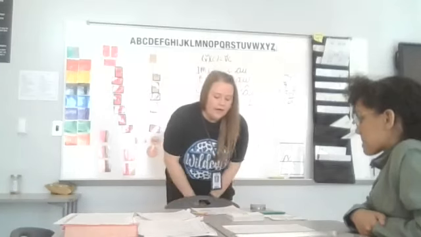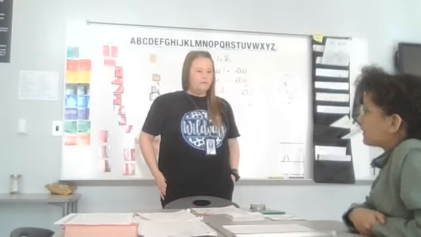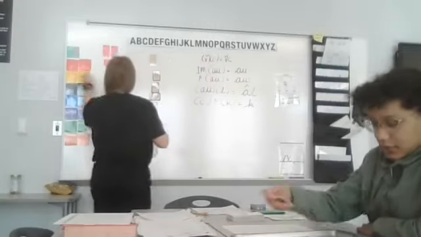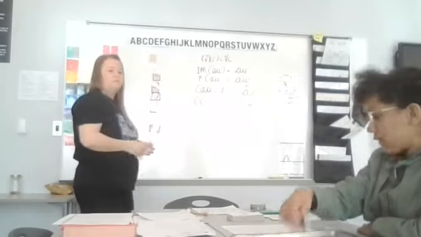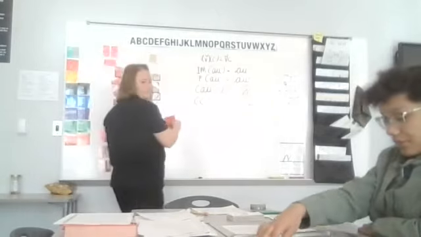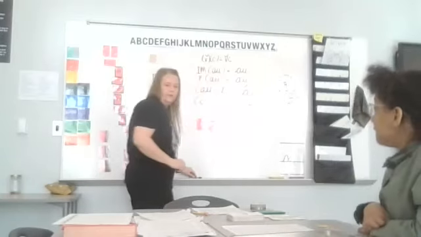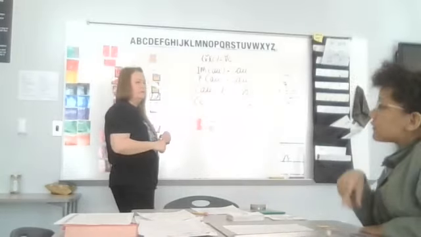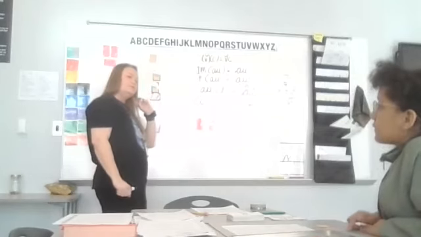Okay, all right, your first word is laud. What is your first word? Laud. L-A-U-D. What do we do now? We have to write it down. What do we do before we write it down? We have to touch and spell.